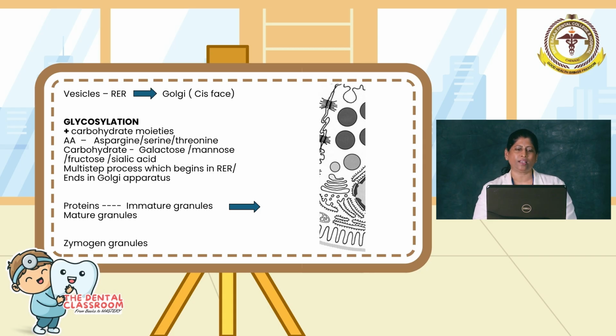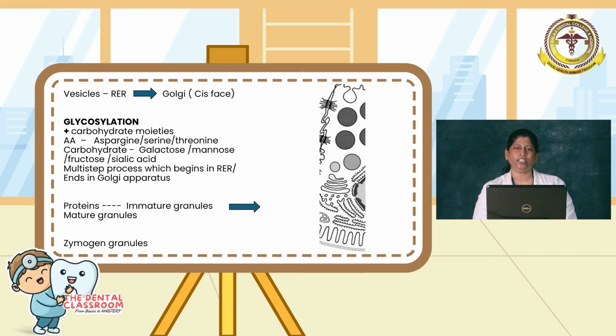So, to the amino acids asparagine, serine, threonine, the carbohydrate moieties such as galactose, mannose, fructose and sialic acid are added. So, glycosylation is a multi-step process which begins in the rough endoplasmic reticulum and ends in the Golgi apparatus.